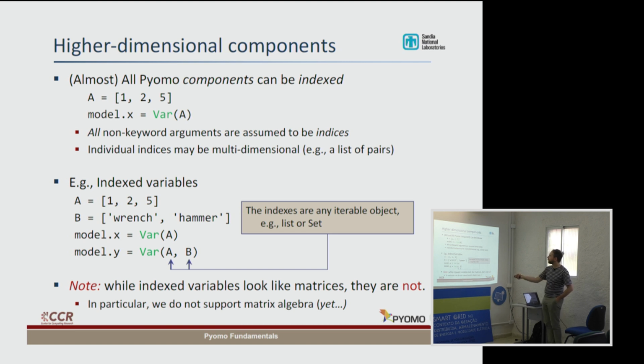So in my example where I had the wrench and the hammer, I can index my variable with variable indexes as well. We won't be using that in this problem, but in the next one.